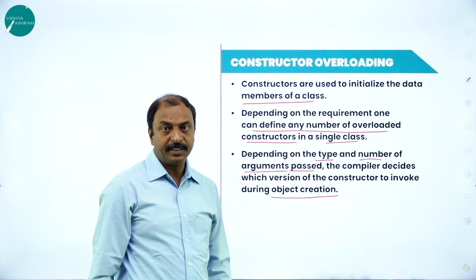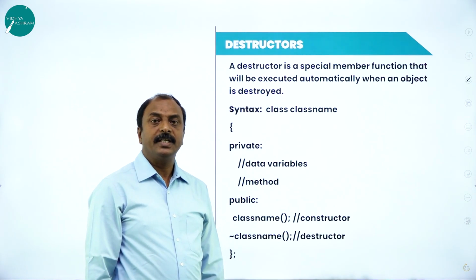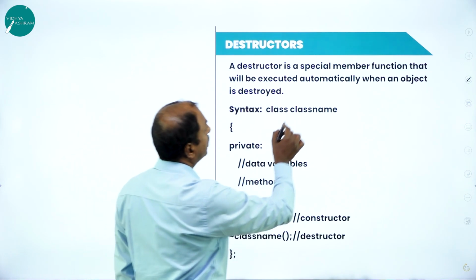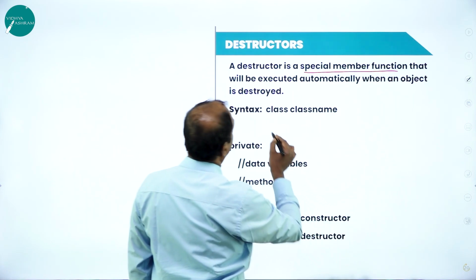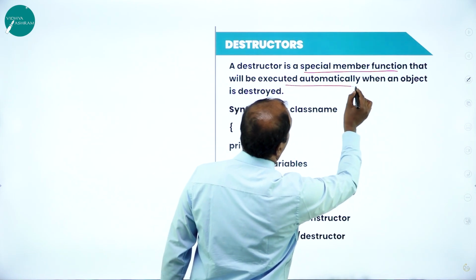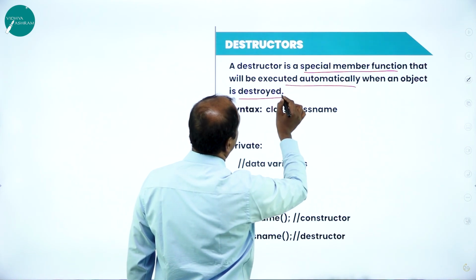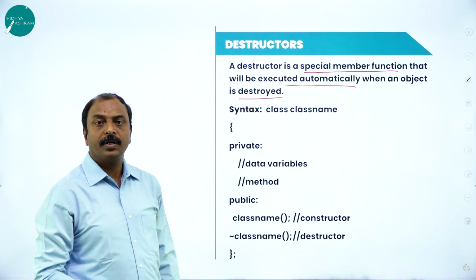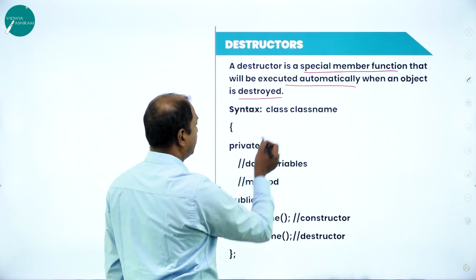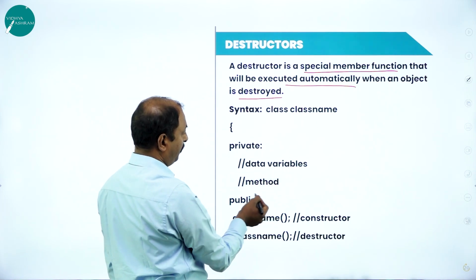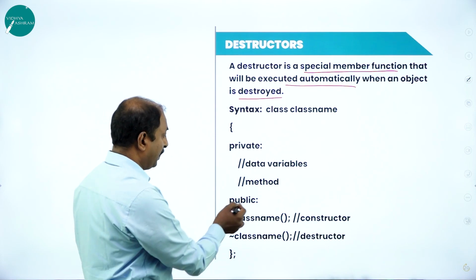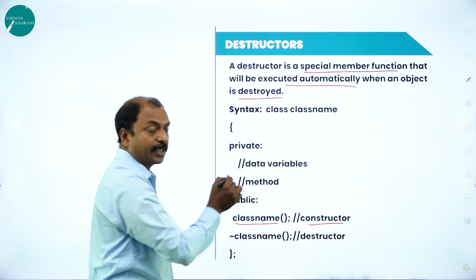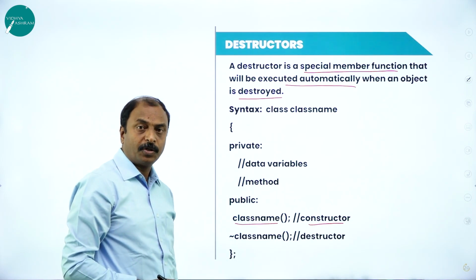Next concept is destructors. What are destructors? A destructor is a special member function that will be executed automatically when the object is destroyed. This is the definition of a destructor. Now look at the example here: class name, private data variables, member methods. Under public, we have the class name. This is a constructor, a default constructor where there are no arguments.